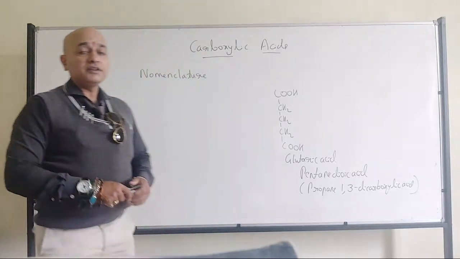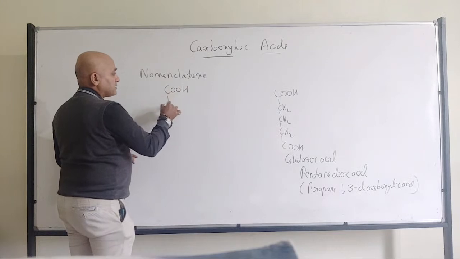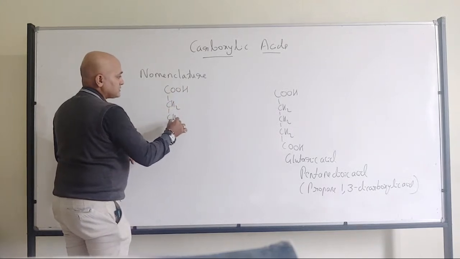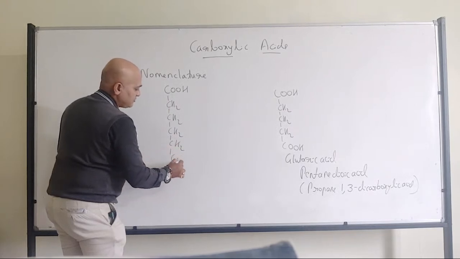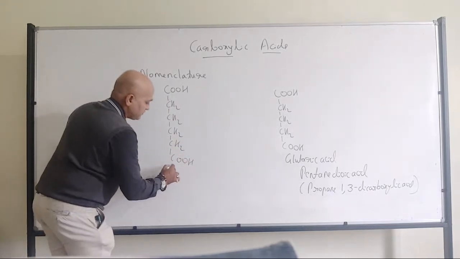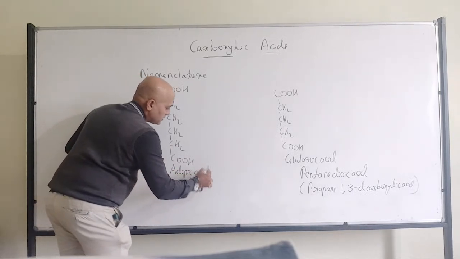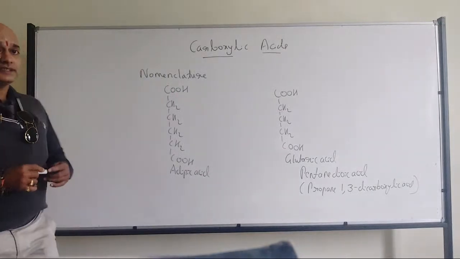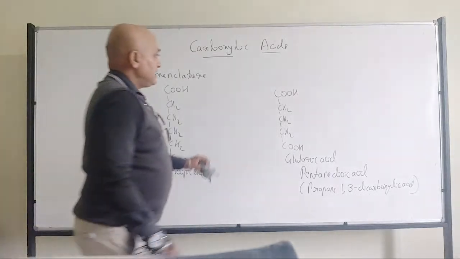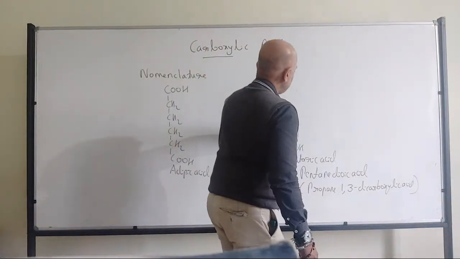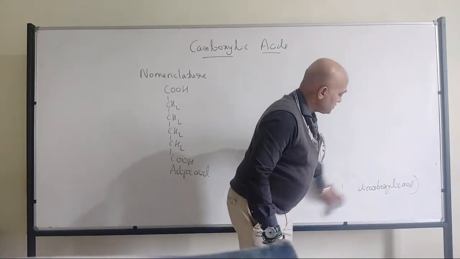Then we have 6 carbon. We have the 6 carbon CH2, CH2, CH2, CH2, COOH, which is called adipic acid. Now when I am talking about adipic acid, think of adipose tissue. Biology students will know what adipose tissues are.